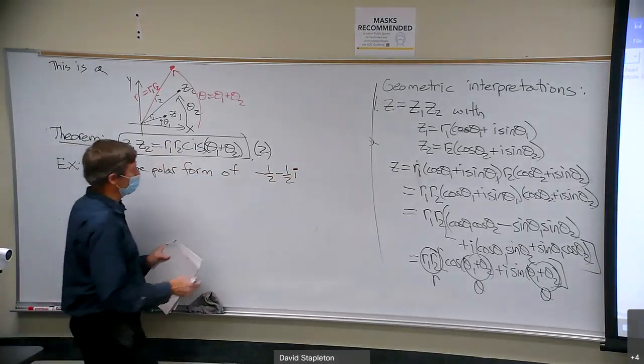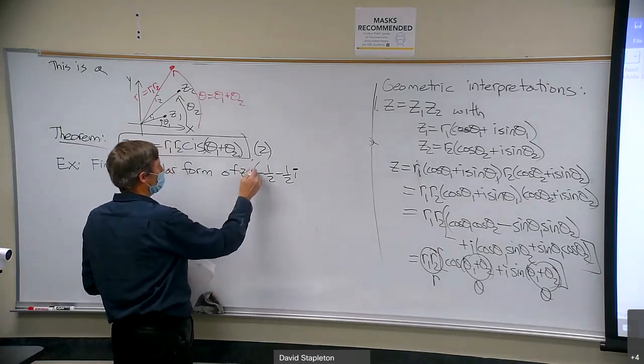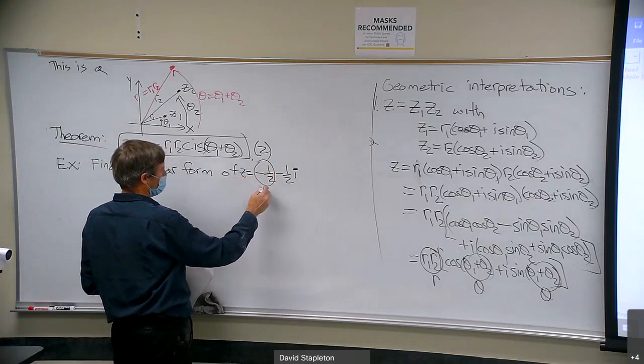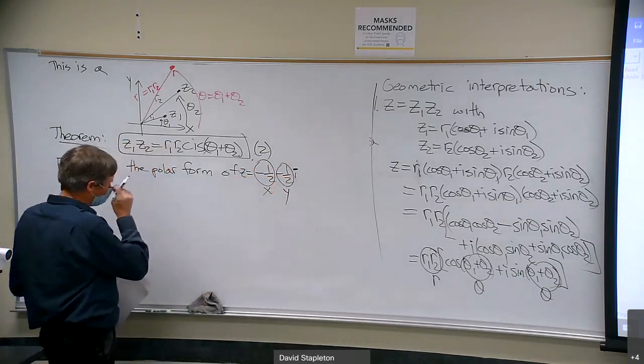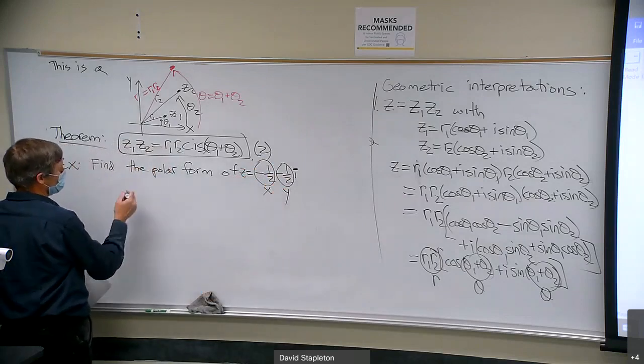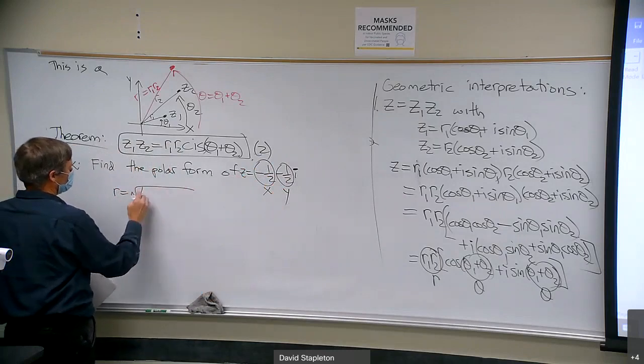Suppose that's my z. Well, the number without the i we call x, and the number with the i we call y. So I can find this by simply using the two equations. r equals square root x squared plus y squared.